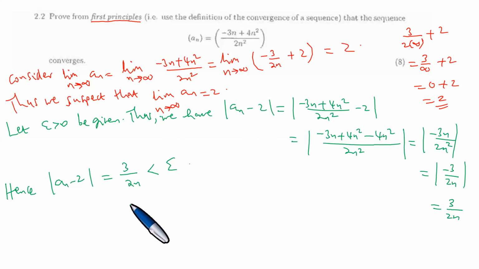This is the same as, you can invert these things and write 2n over 3 is bigger than 1 over epsilon. I've just taken the inverse both sides. So this is the same as n bigger than 3 over 2 epsilon.